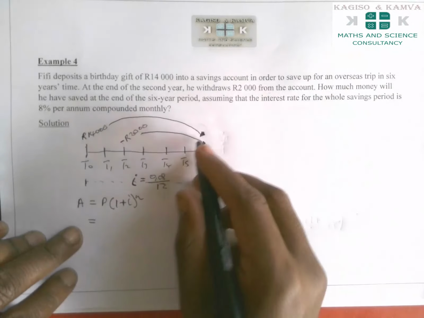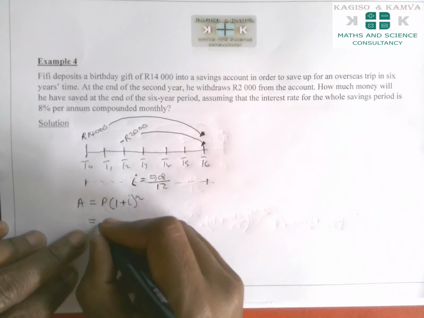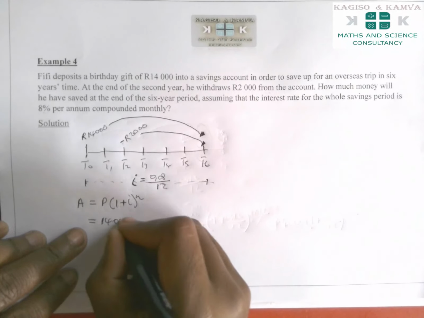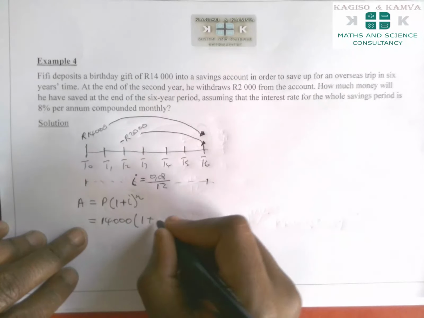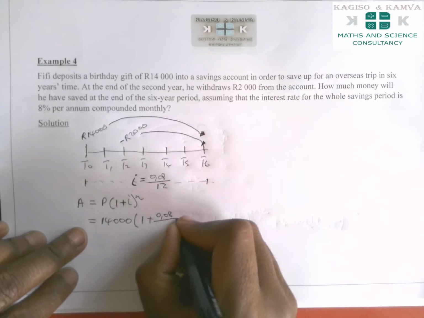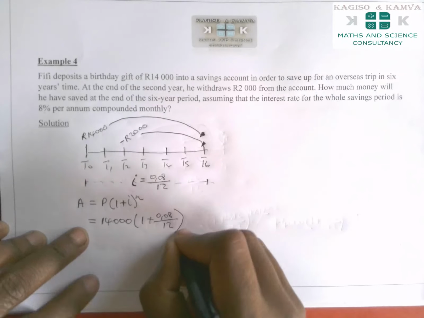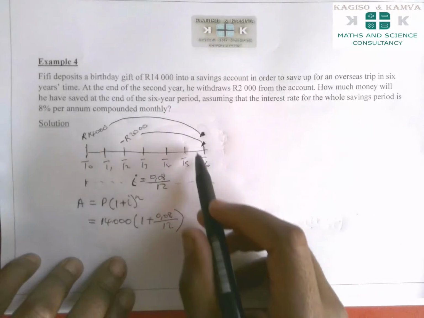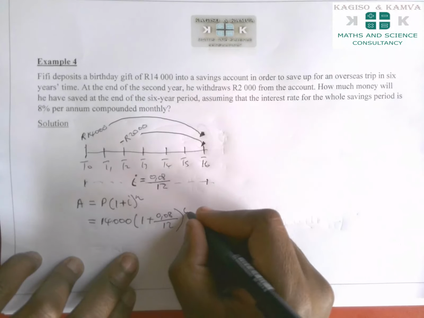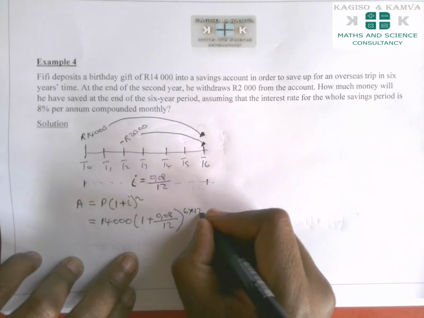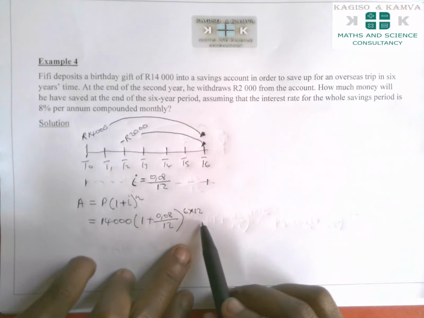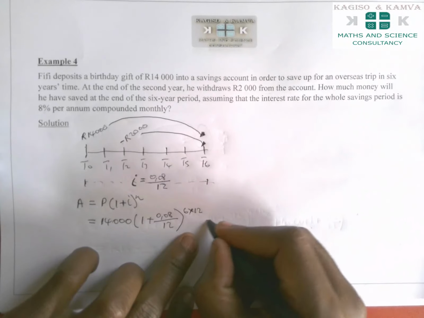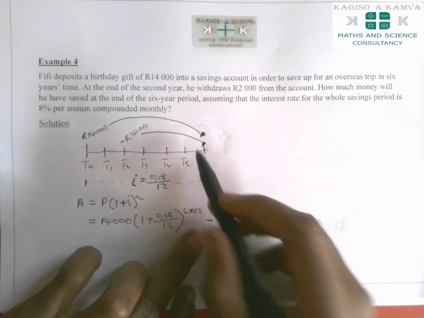For this one alone it is going to be 14,000 into 1 plus 0.08 divided by 12. It goes for 6 years, so it's going to be 6 times 12. Now, I'm investing this one. Am I going to add? No, I'm subtracting this one.